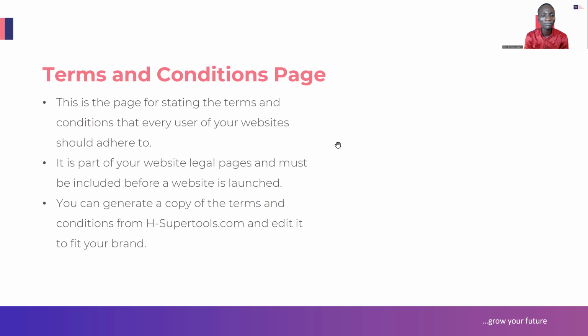And in fact, in some nations, without these legal pages, your website can be shut down. So they are very important. You need the terms and conditions page, and you need your privacy policy page.